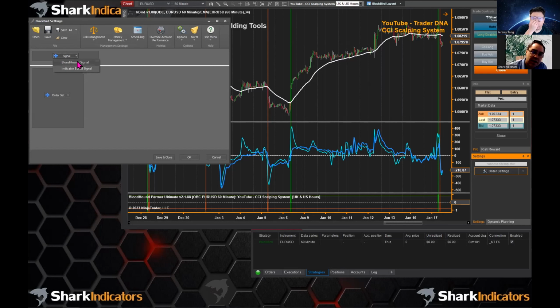So obviously we're going to use the Bloodhound indicator and its signals. But if you want to, you could use a third-party indicator. If you have a third-party indicator that provides trade signals that are readable within a strategy, then you can hook that into Bloodhound and begin to do some backtesting there.